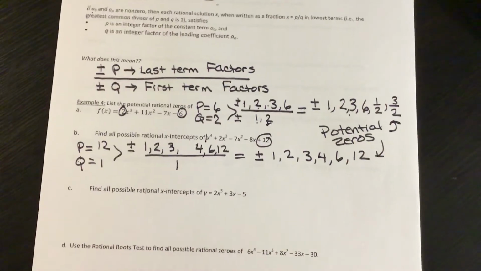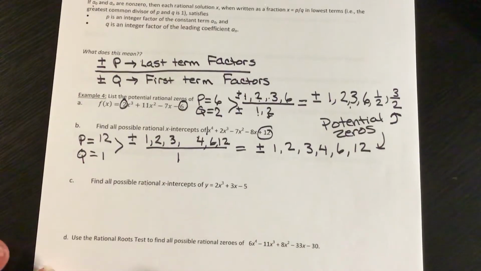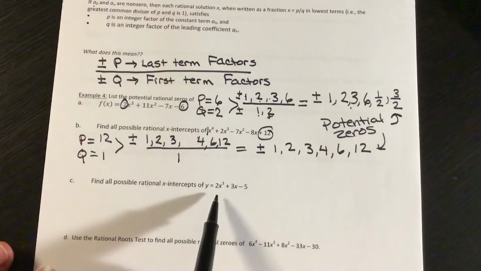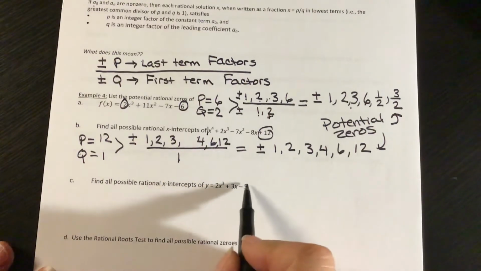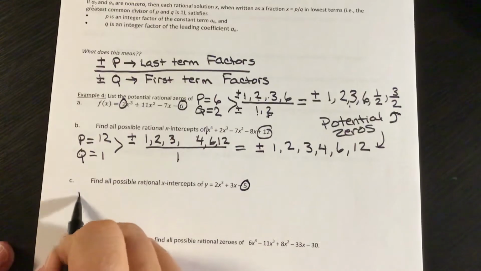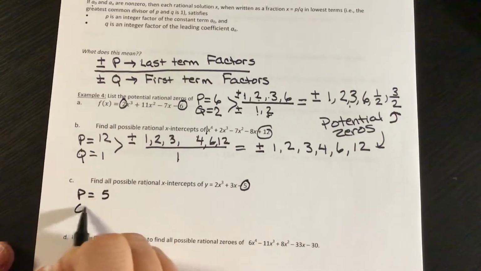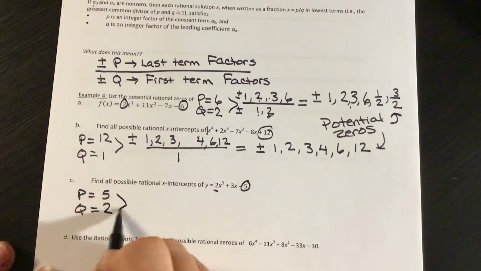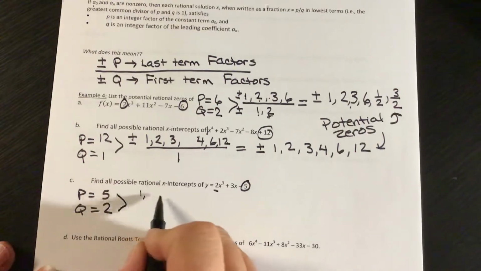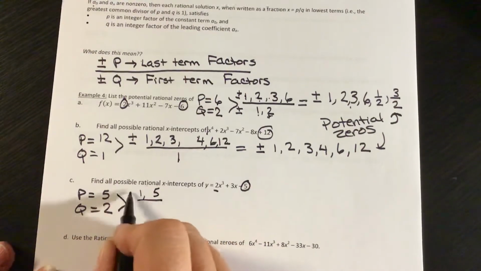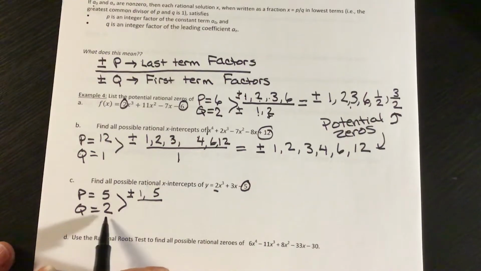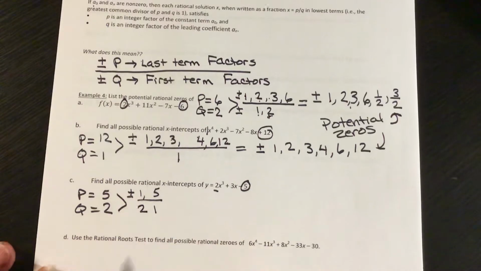In part C, all the possible rational x-intercepts, so looking for zeros again. My ending number p is 5. My q is 2. So I'm going to look for all the factors of 5, which is just 1 and 5, plus and minus. And then the factors of 2, which is 2 and 1.